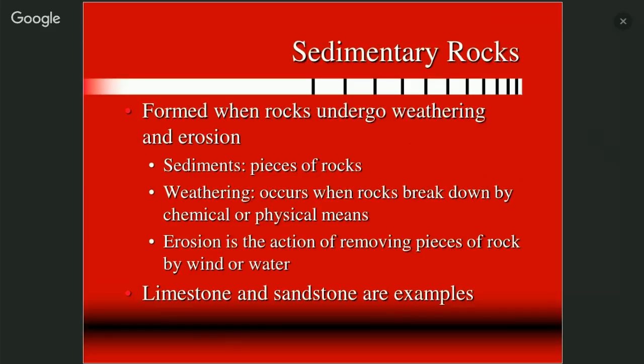Those could be examples of physical weathering. Chemical weathering would be breaking down due to maybe acid rain, turning it into something else. Erosion then is the action of actually removing the pieces of rock by wind and water. So you're actually removing those pieces of rock.